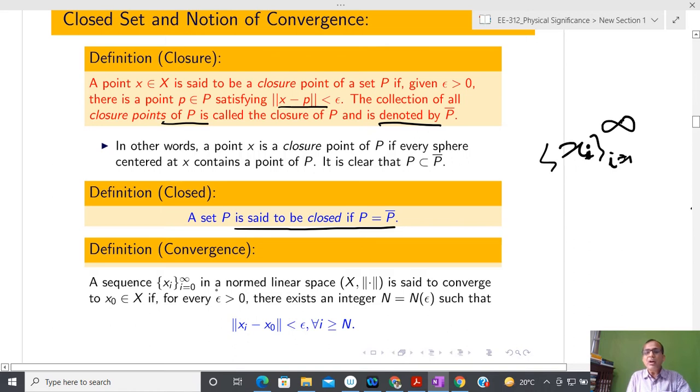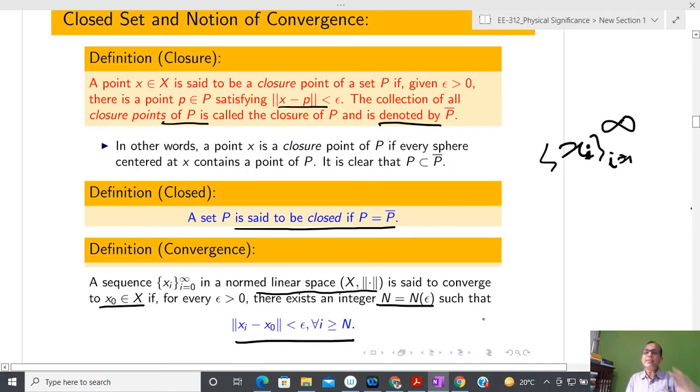Now suppose I have a non-linear space, a vector space with norm. The sequence is said to converge at the point x equal to x0 that belongs to X if for every epsilon there exists an integer, and you can see that this integer is a function of epsilon, such that this relation is satisfied.